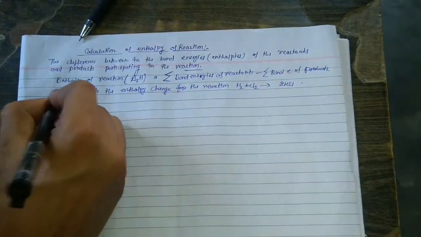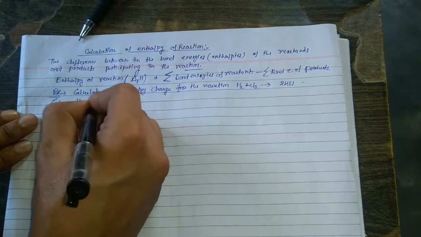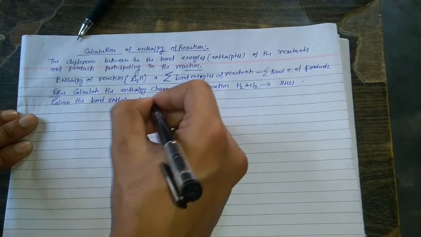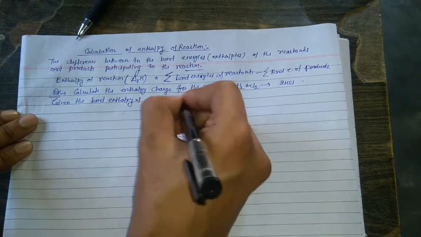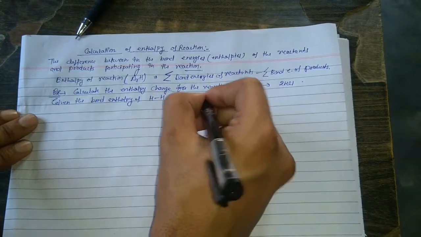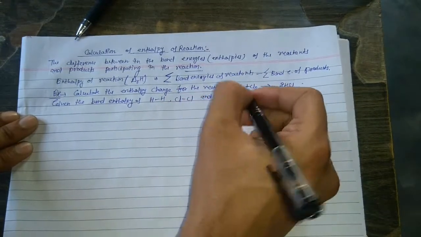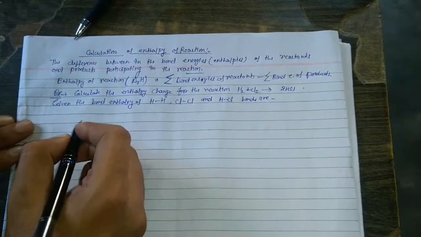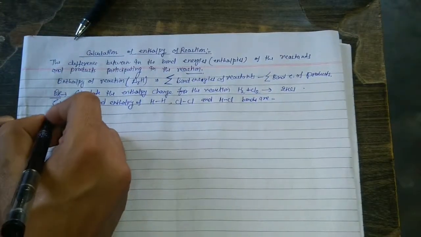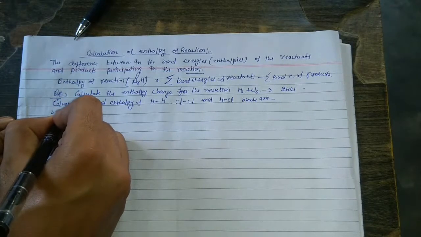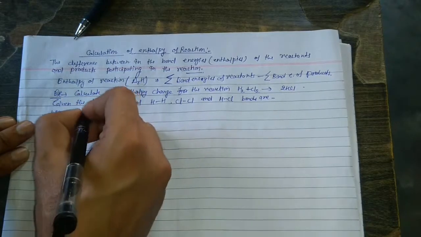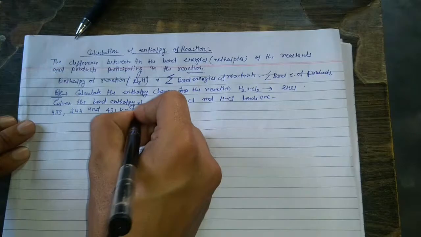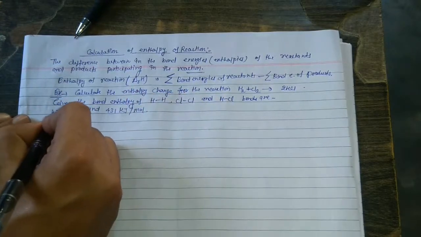Given the bond enthalpies or energies of hydrogen and chlorine and the hydrogen-chlorine single bond, the data given are 433, 244 and 431 kilojoule per mole. So the solution is ready.